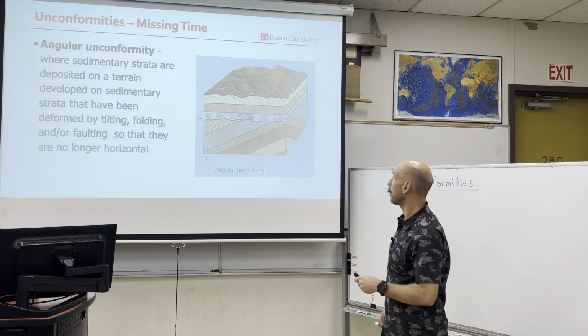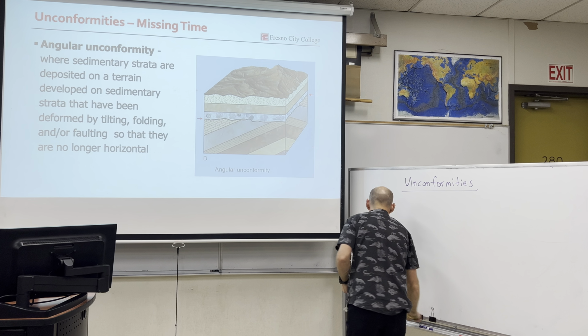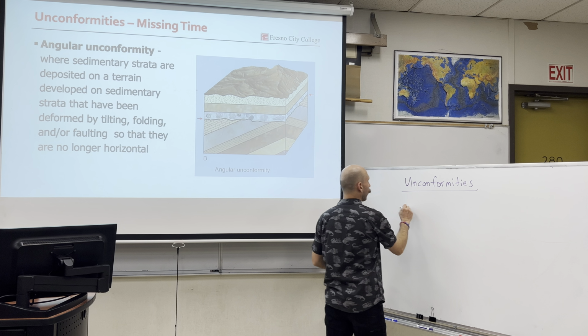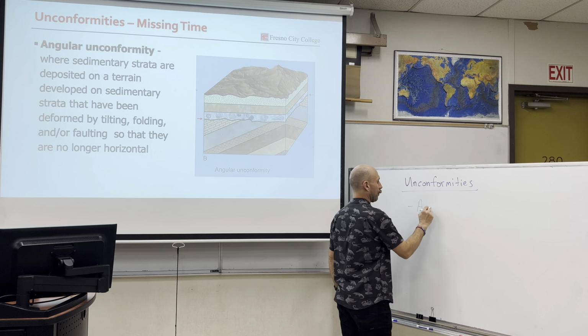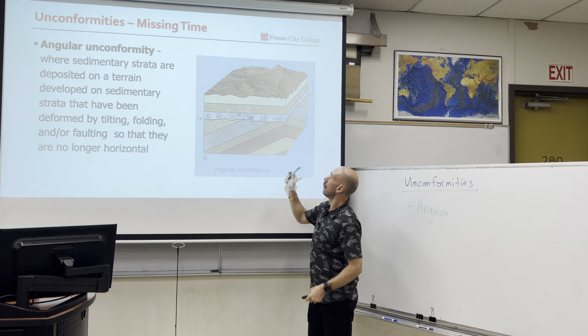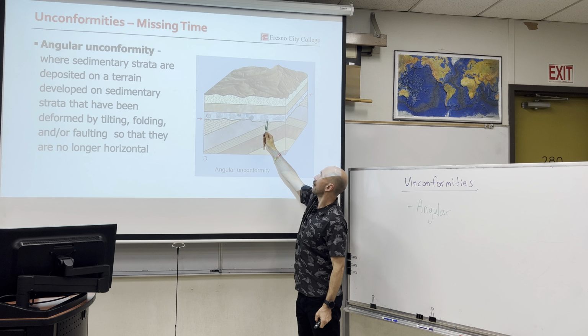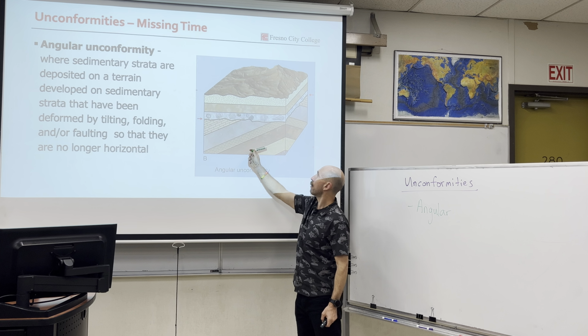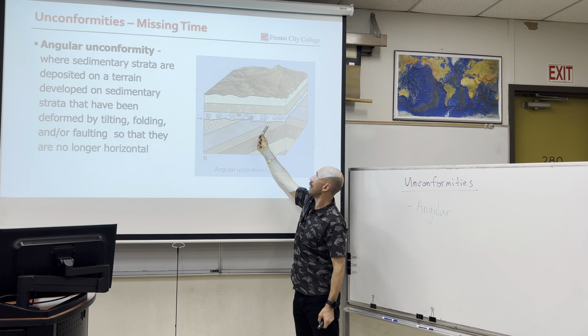So there's three types of unconformities. Angular unconformity is where you have sedimentary rocks that are underneath sedimentary rocks where one of them are dipping at an angle to the other.